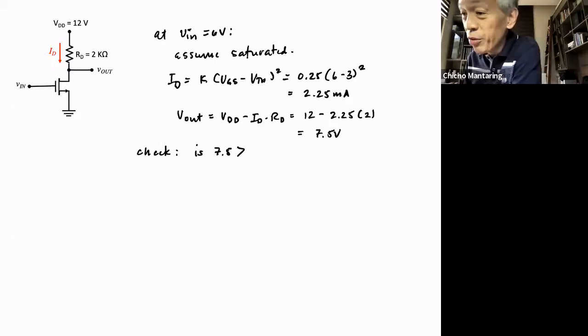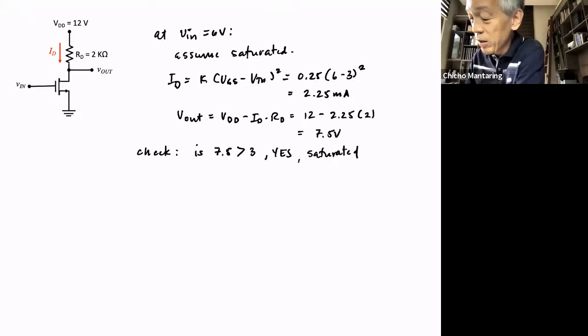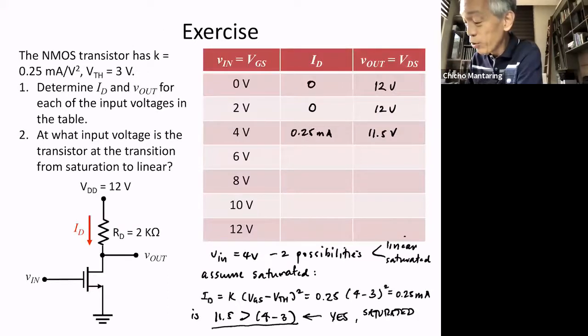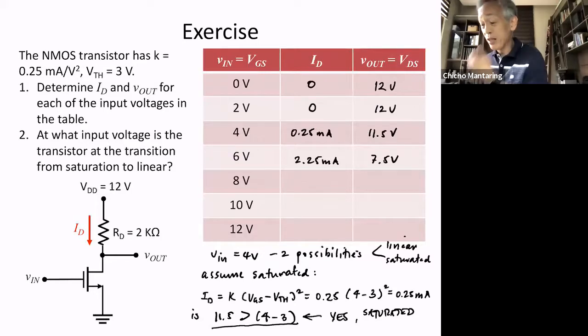VGS is equal to 6, no? VTH is equal to 3. The answer is yes. Okay. So yes, so saturated pa rin, no? Saturated pa rin. So here, 2.25 mA, and this is 7.5 volts.